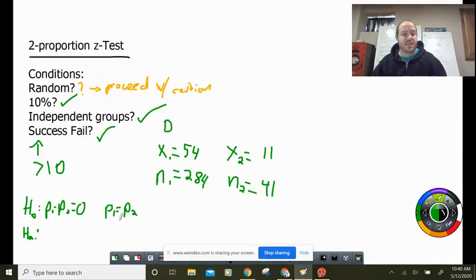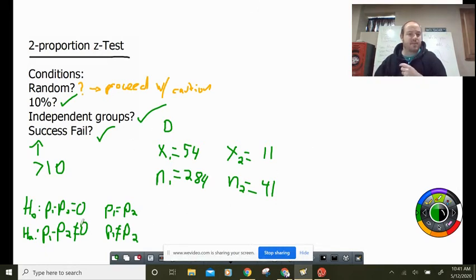So in this case, I think we are in a prime situation to use our not equal to symbol. It does not indicate that we think they will be better or worse. We just know that it's going to be not equal to 0. So I'm going to do P1 is not equal to P2.